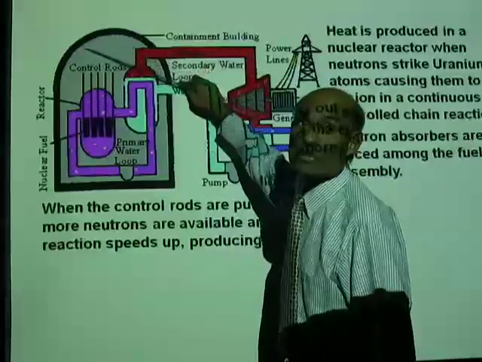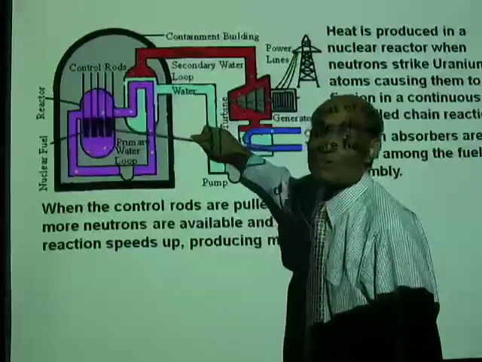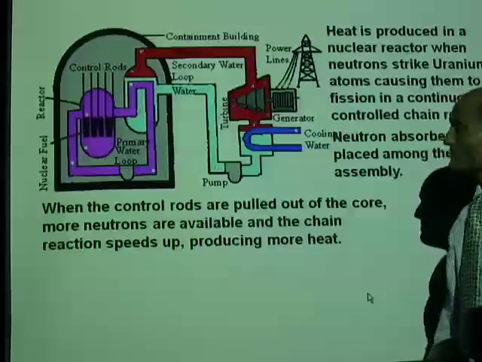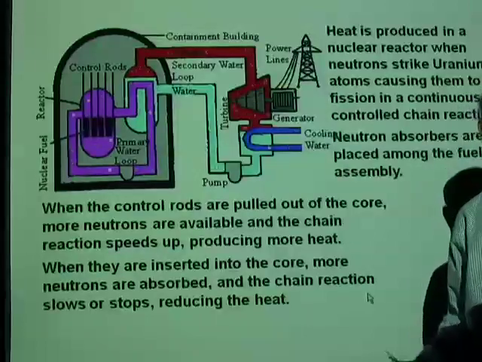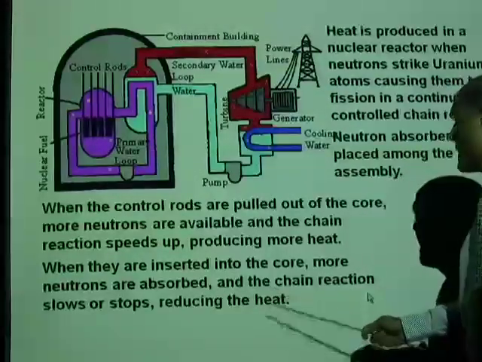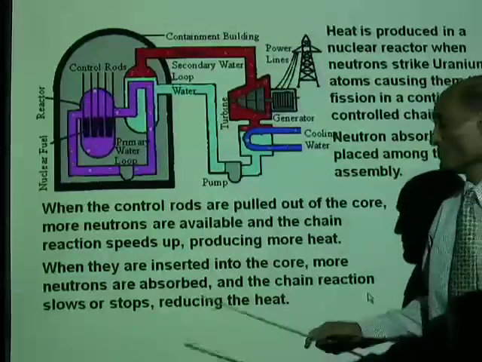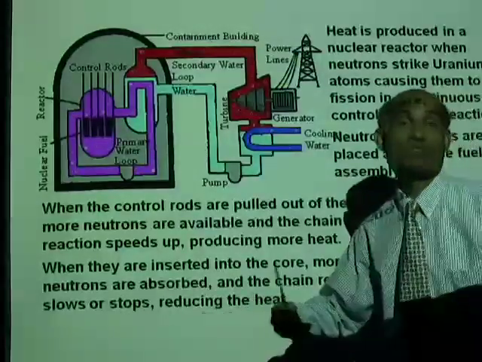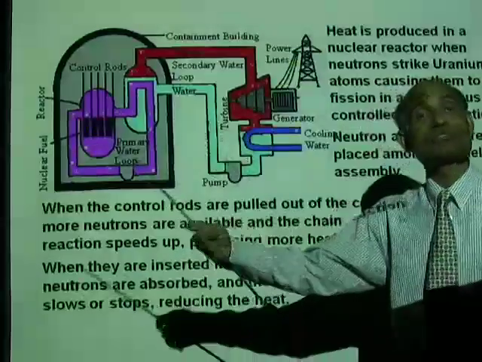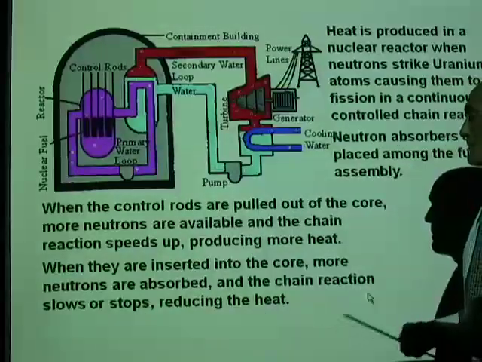You can start the reactor by inserting the control rods. Now, when they are inserted into the core, more neutrons are absorbed and the chain reaction can be stopped or allowed to continue in a controlled manner.